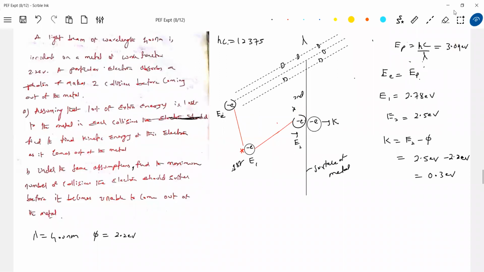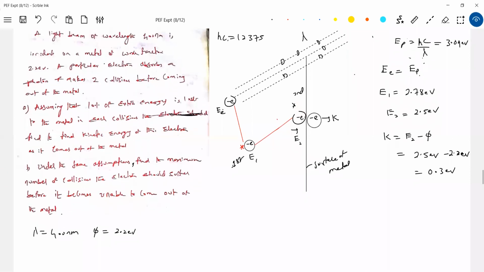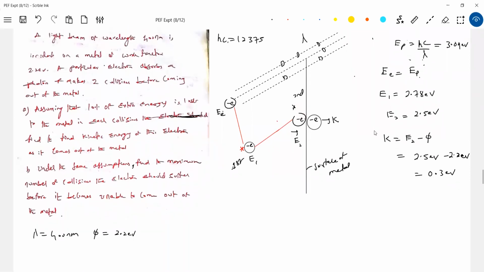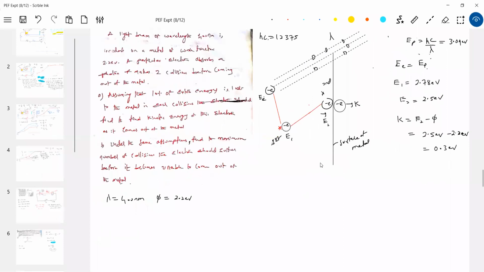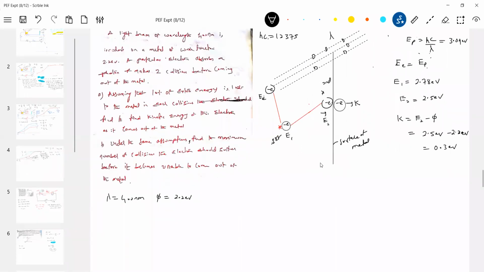And now it's asking, under the same assumptions, find the maximum number of collisions the electron can suffer before it becomes unable to come out. So 2.5, you remove 10% of it. How many collisions will occur? Let me continue the problem now.